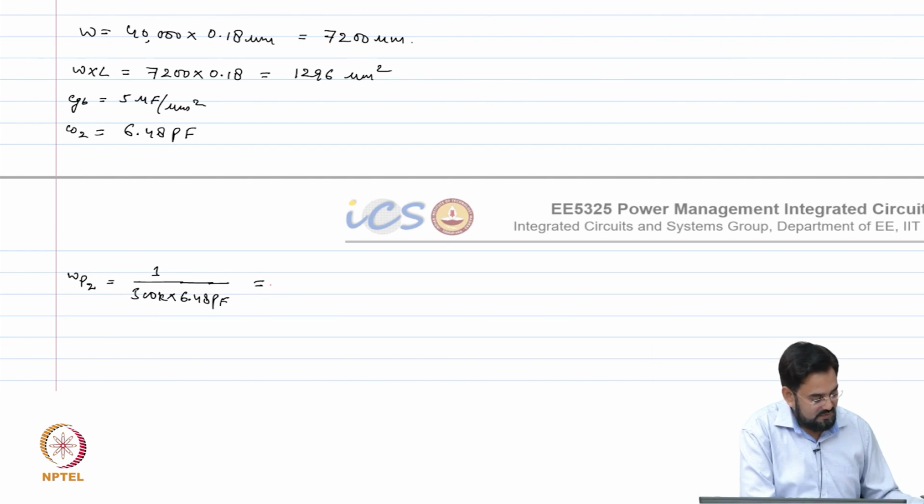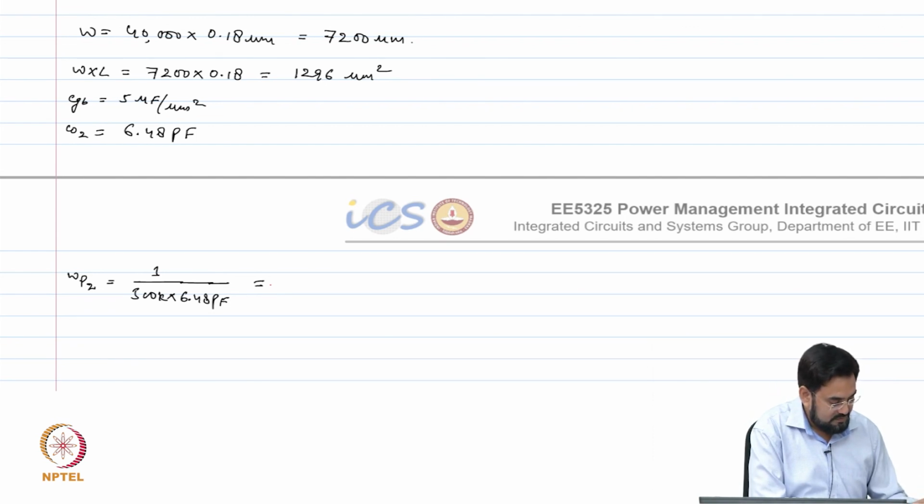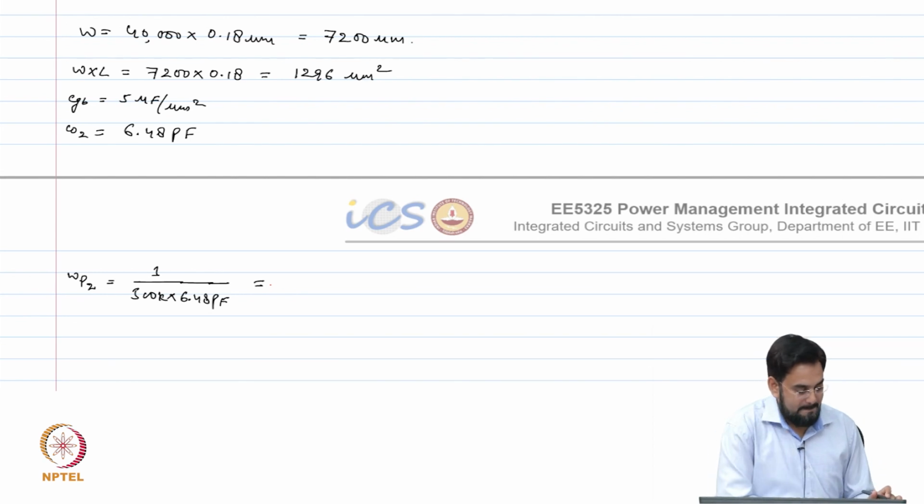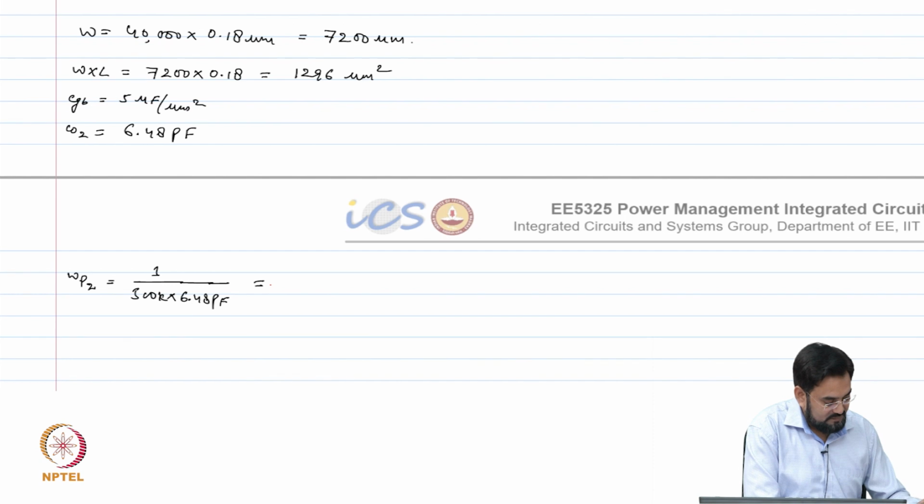Approximately 3 into 10 power 5 radian per second.